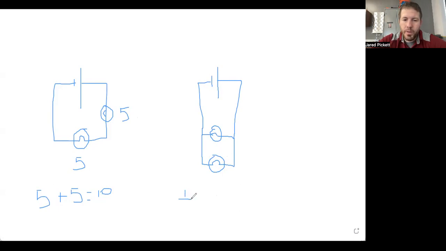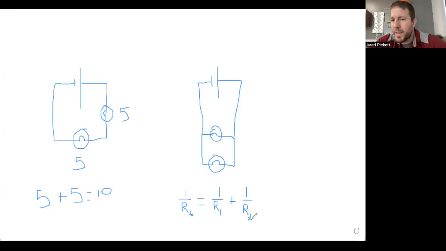1 over our total resistance, which I should write as RT, is equal to 1 over our first resistor, so 1 over R1, plus all of our other resistors, and it will be 1 over R2 here, because there's only 2 resistors.